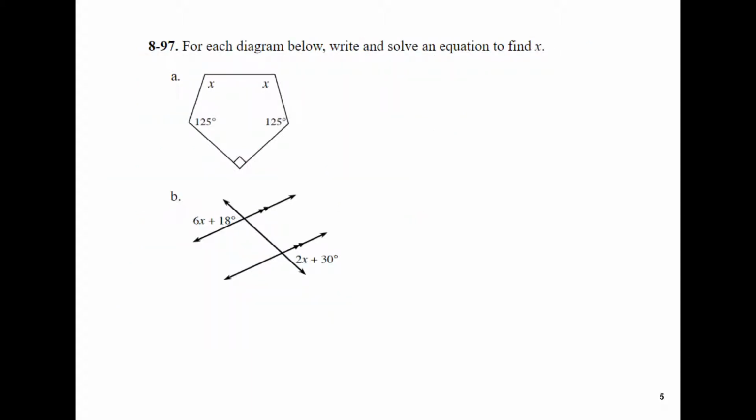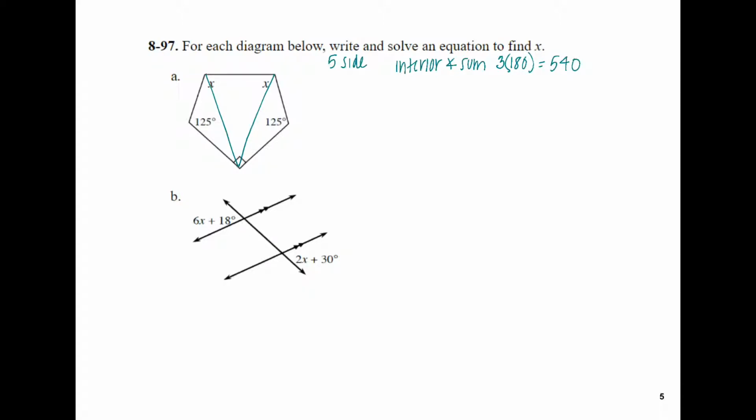8-97, for each diagram below, write and solve an equation to find x. Looking at A, I am looking at a 5-sided shape, which is a pentagon. I can find out the interior angle sum by taking, there's 3 triangles inside of it, so 3 times 180 would give me this, which equals 540 degrees.